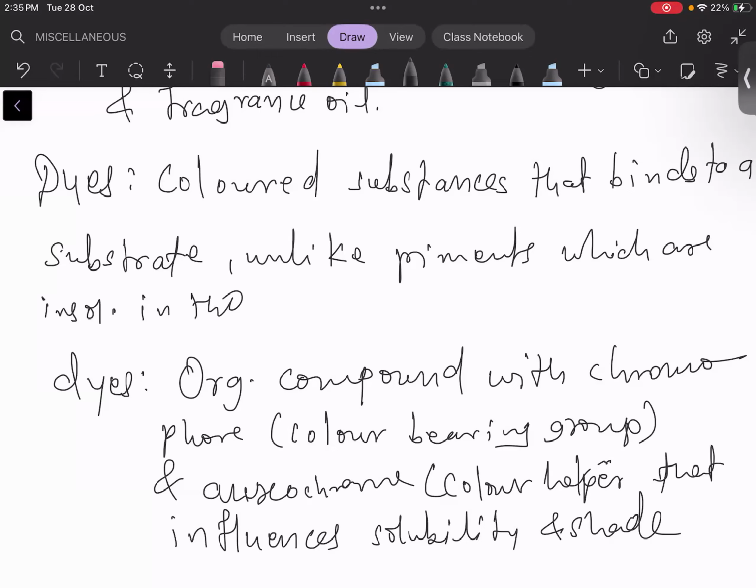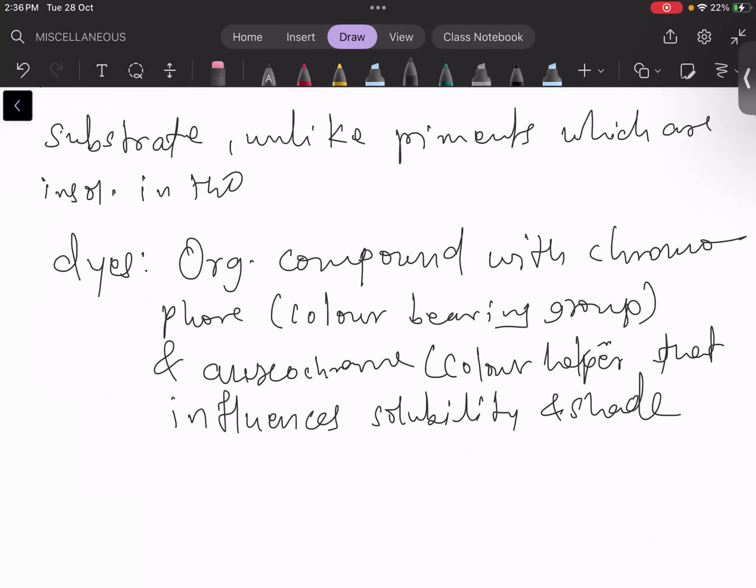Dyes are classified by their structures, like azo dyes, vat dyes, sulfur dyes, etc. But if we create a color, the first one is the chromophore. It's a Greek word; chroma means color.